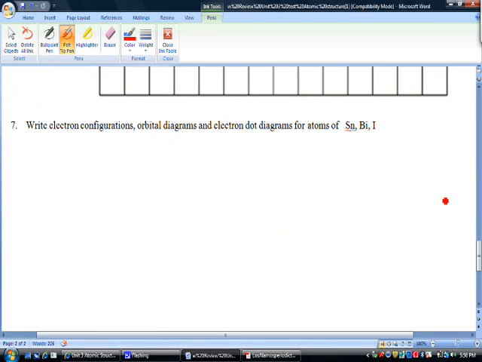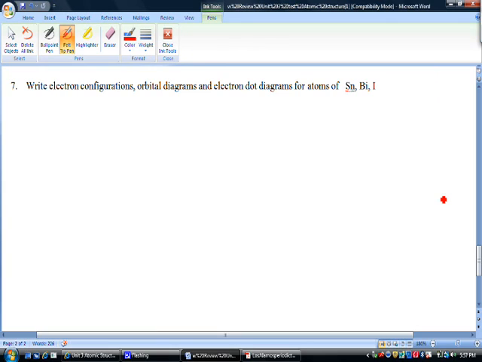So don't forget all of your stuff about writing electron configuration notation, orbital diagrams, and electron dot diagrams. Remember, electron configuration notations are things like 1s2, 2s2, 2p6, 3s2. And if you need to look back at that, go to the website and look at either ChemGuy's videos or some of mine if there happen to be some there.